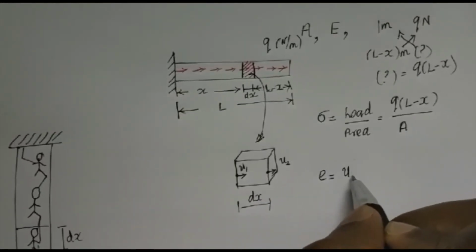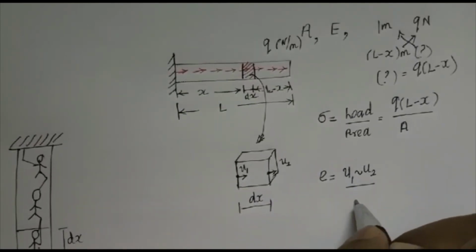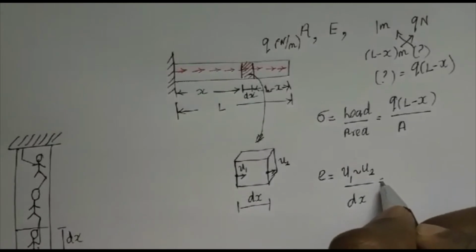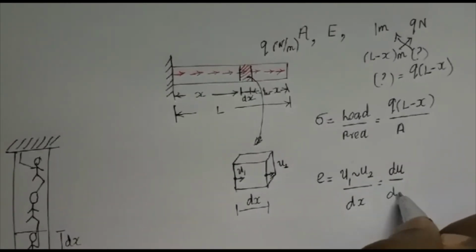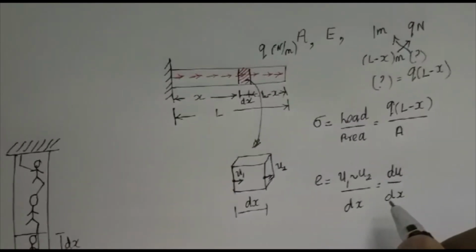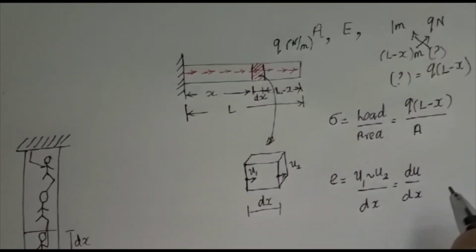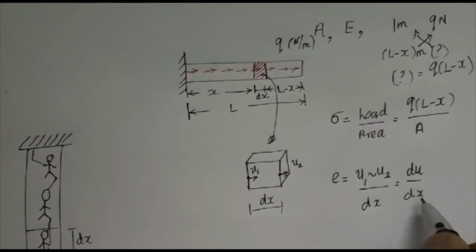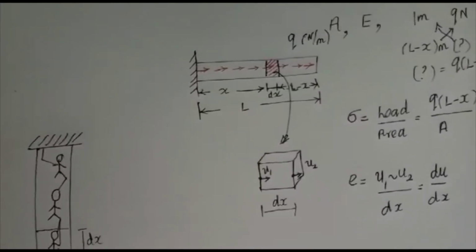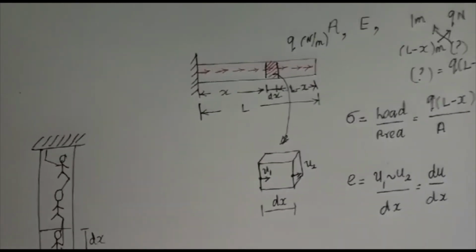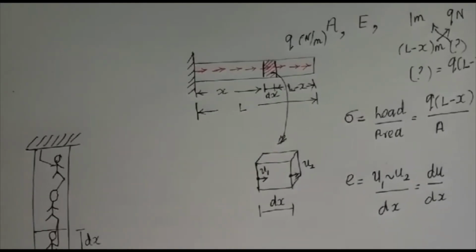Strain is u1 difference u2, which is change in length, divided by original length, which is dx. u1 difference u2 is simply du by dx. Mathematicians will not allow me to do this right away, but anyway, it is del u by del x. When del u becomes very small, it becomes du. Strain is du by dx.